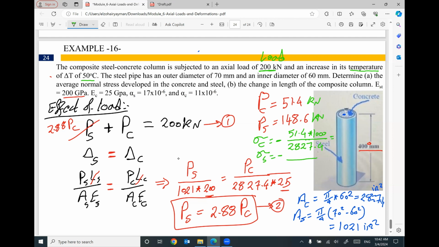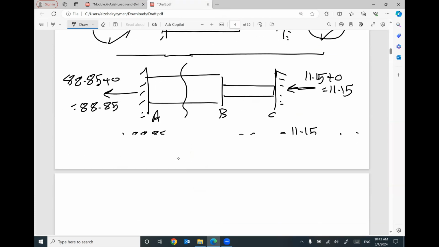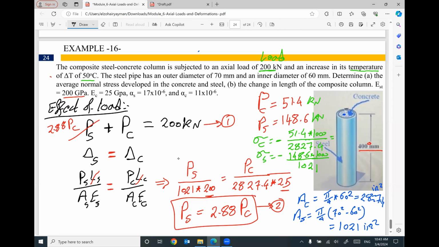The compressive stress in steel will be 148.6 times 1000 divided by the area of steel, 1021. So by the end, the effect of the applied load on the composite column: stress on steel will be negative, stress on concrete will be negative. How much?